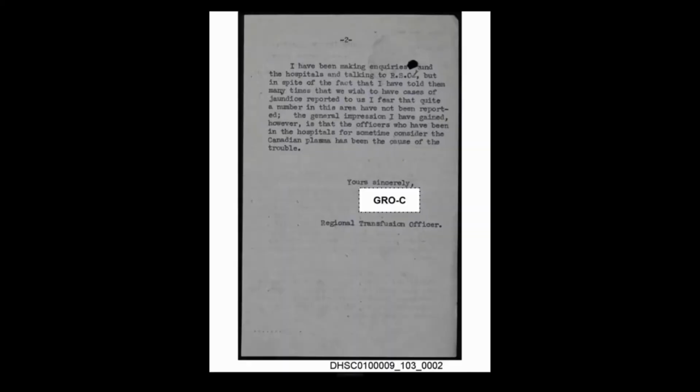And if we go over, the general impression I have gained, these are the last 5 lines, is that the officers who've been in the hospitals for some time consider the Canadian plasma has been the cause of the problem. Do we know anything about the use of plasma from Canada?